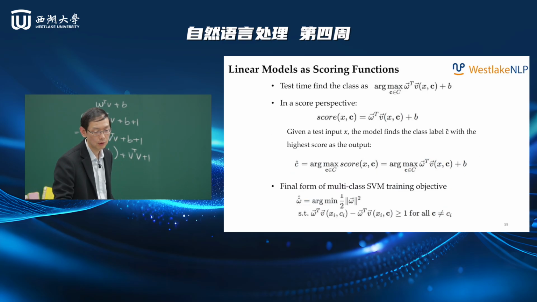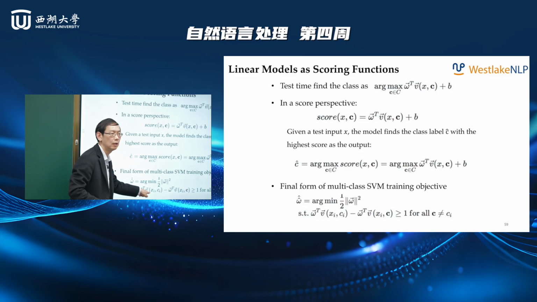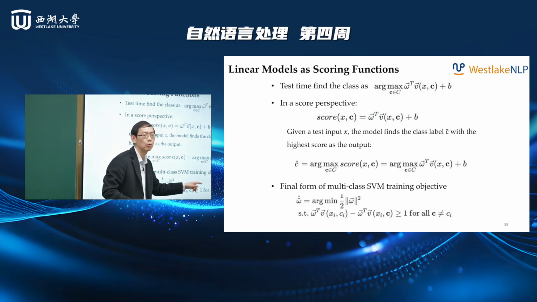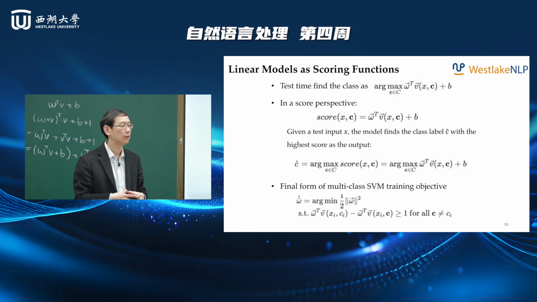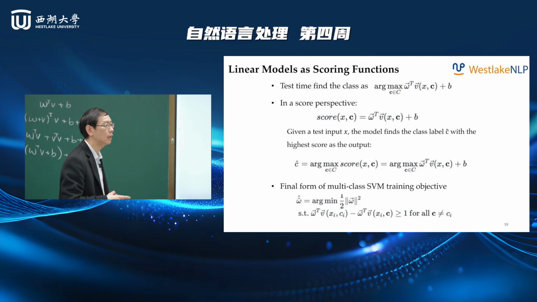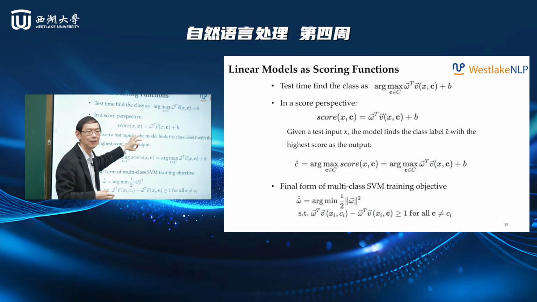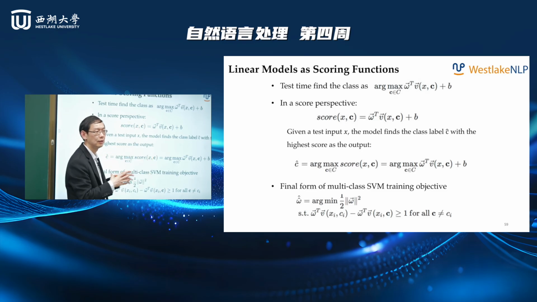Let's score it such that the correct one's score minus the incorrect one's score is greater than or equal to 1. That can already separate this data. I don't really care where they are relative to my hyperplane, I only care about their relative positions.